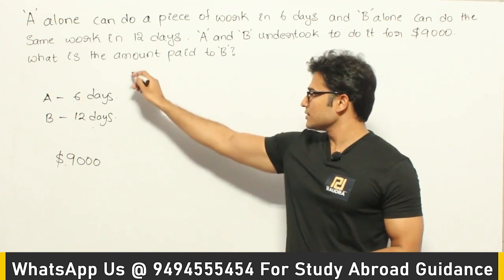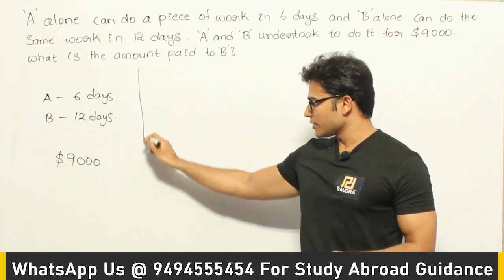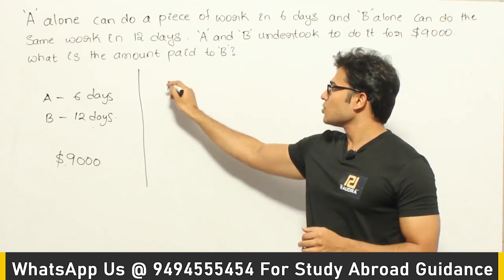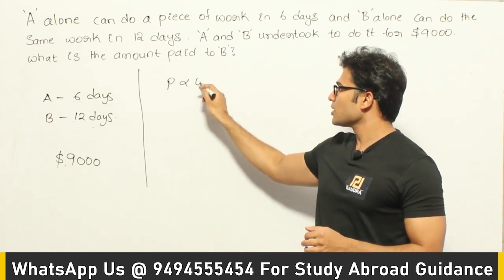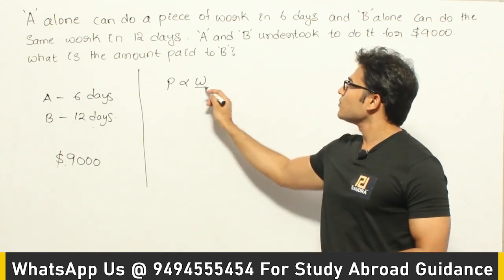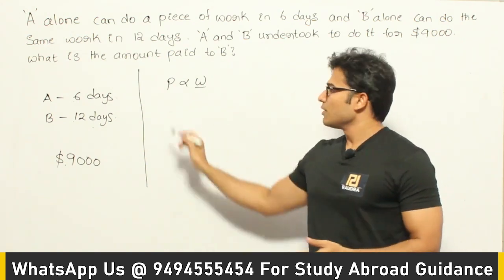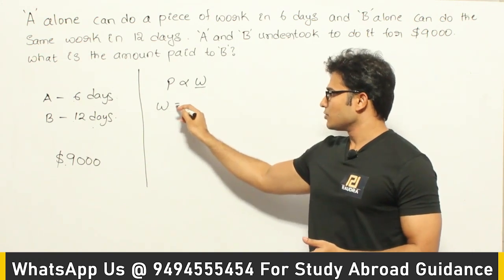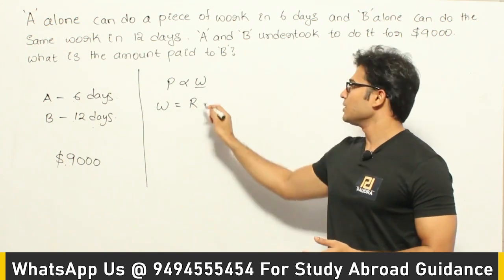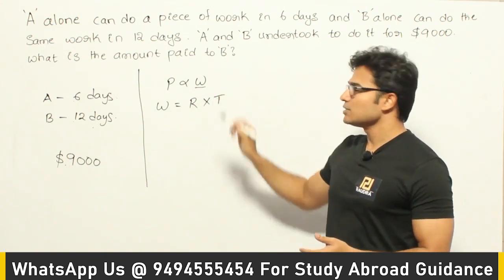There are various ways of answering this question, but in a general sense, payment should always be proportional to the work done by the employee on the project. Now how can you derive the work done by an employee? Work done by an employee is equal to the rate at which he is working multiplied by the time for which he worked.